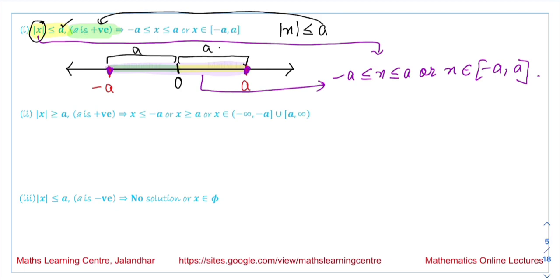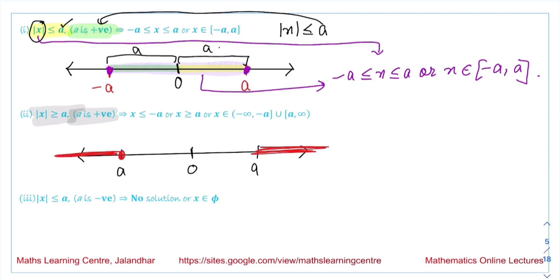Next is mod of x is greater than or equal to a, where a is positive. Again we consider this region, this is the point a, and this is the point minus a. So we are talking about all those points whose distance from the origin is greater than a. So we are talking about these regions.